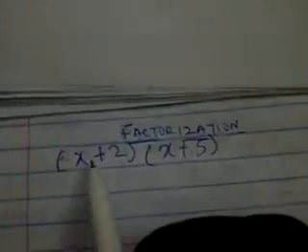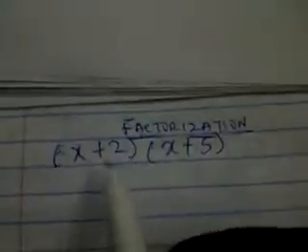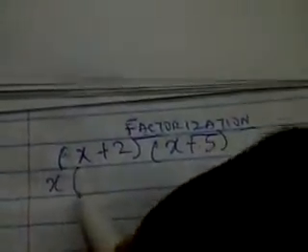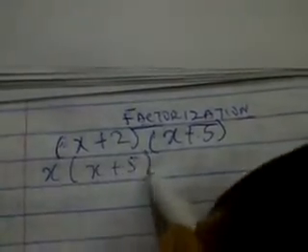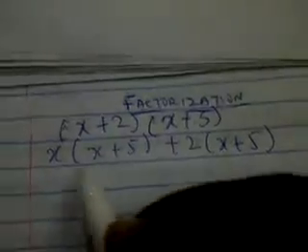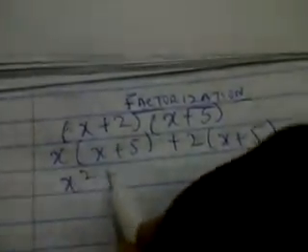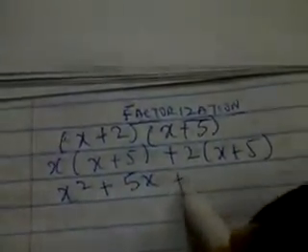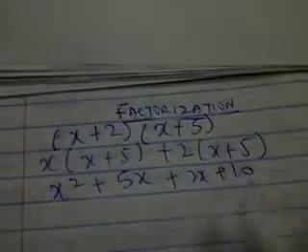Now, if you have x plus 2 into x plus 5, expanding it to be x into x plus 5, plus 2 into x plus 5. Okay, now this will give you x squared plus 5x plus 2x plus 10.